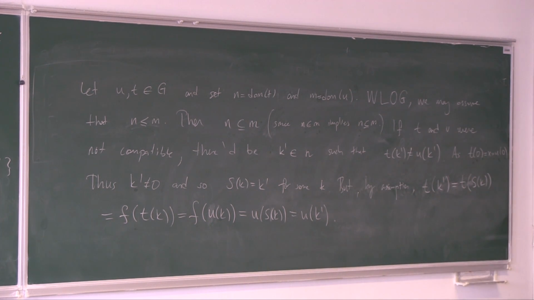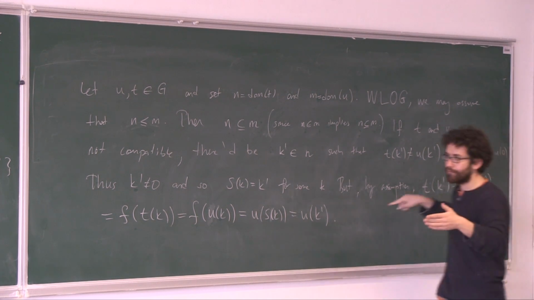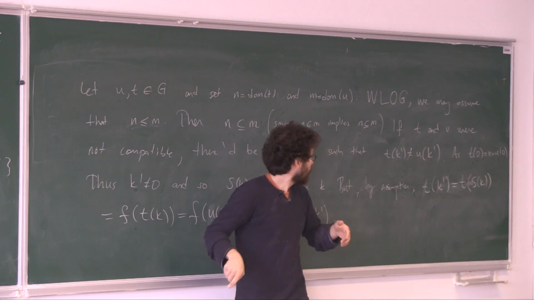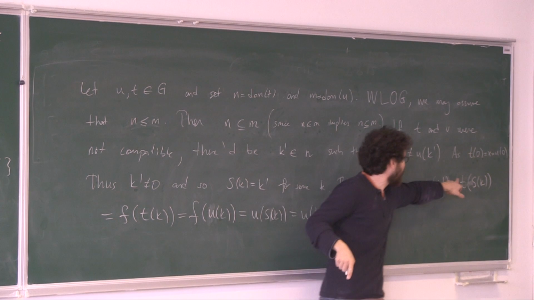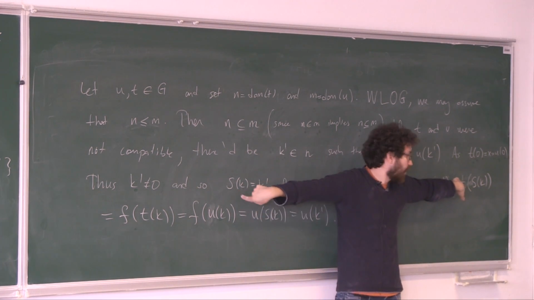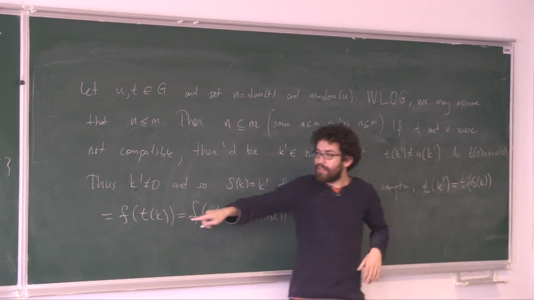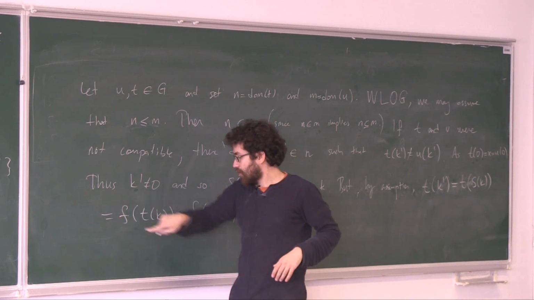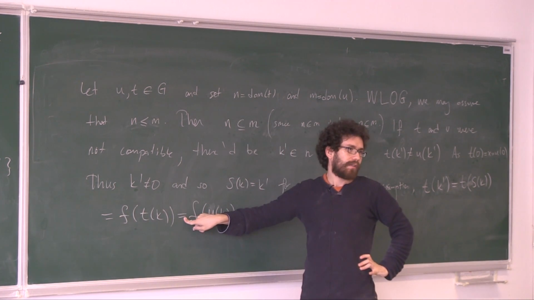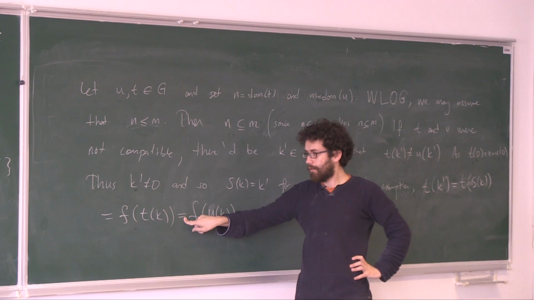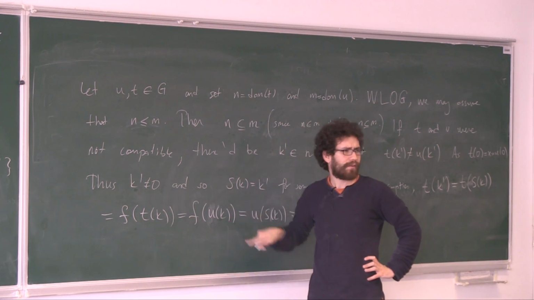Now, in order to do this, what do I need? This is by the fact that k prime is the successor of k. This is by the fact that it is an n-step computation. Which fact did I use here? I used the fact that t of k equals u of k.